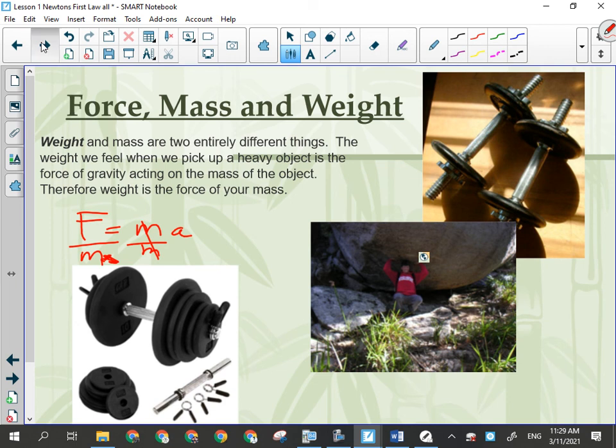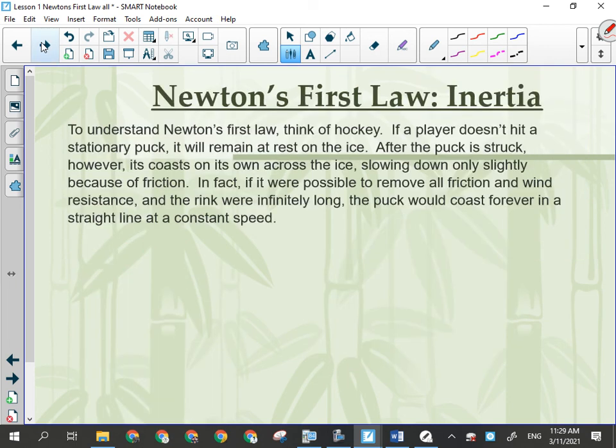All right. So, understanding Newton's first law, if we think of hockey or curling, that other boring thing, those are good examples of Newton's first law. If the ice is frictionless and you get something sliding on it, it should slide forever, provided you have a long enough piece of ice.